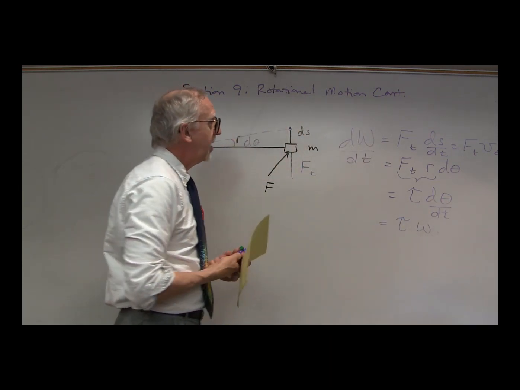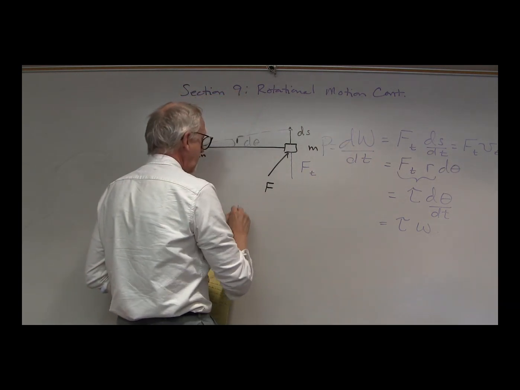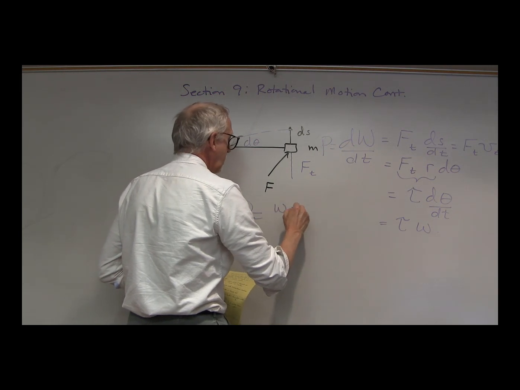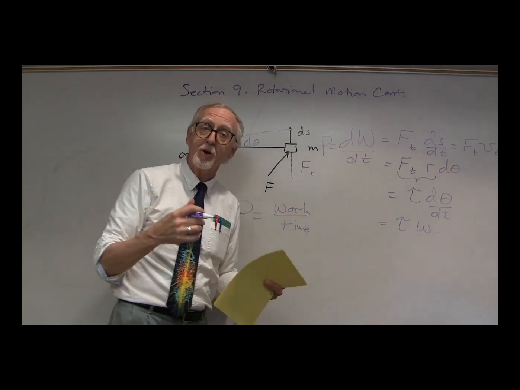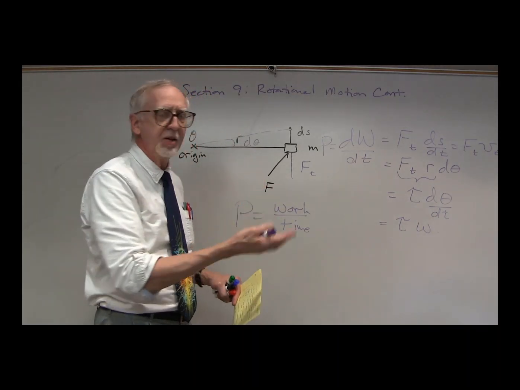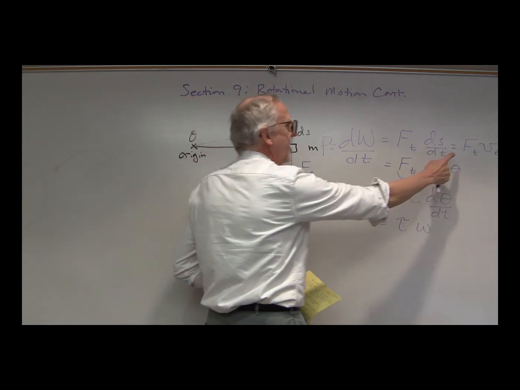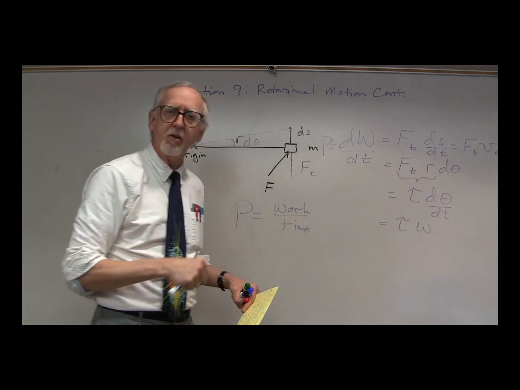So for the power, where power is work per time, the amount of work done per time, we again get a very similar form for the translational as the rotational quantities. We get force times velocity, or torque times omega, something very, very similar.